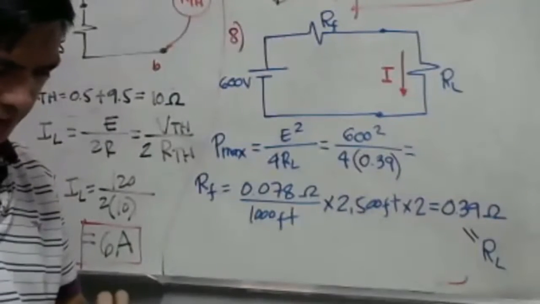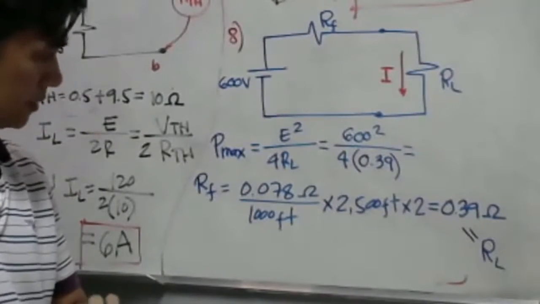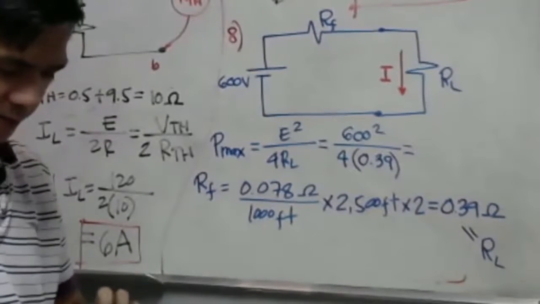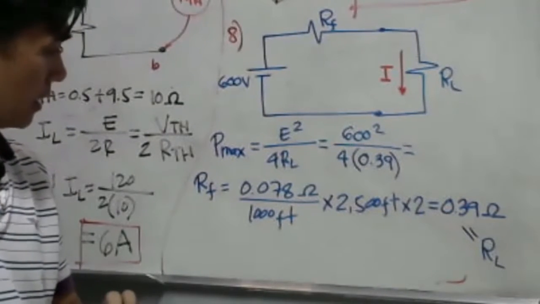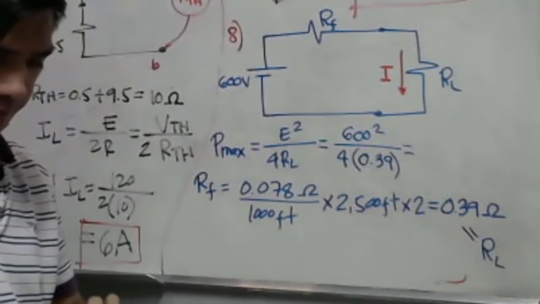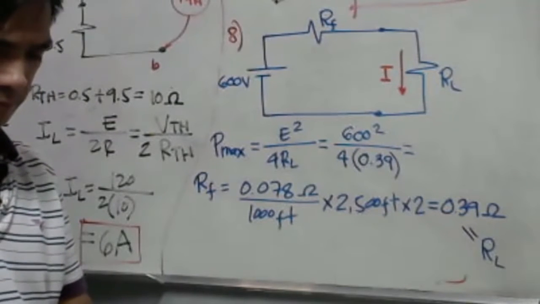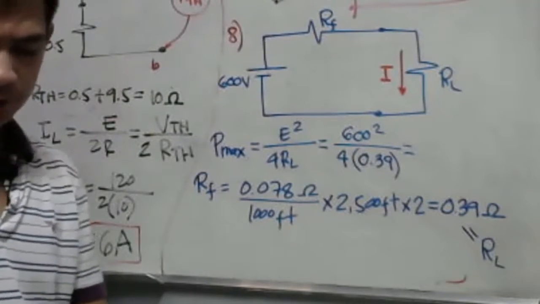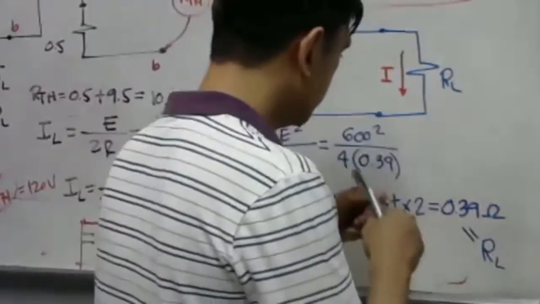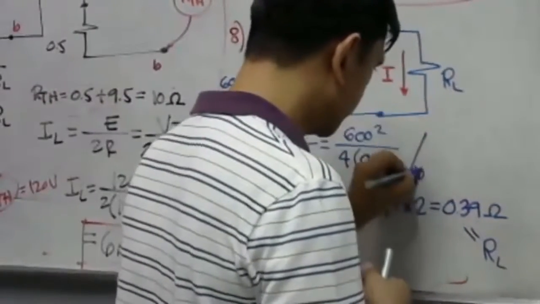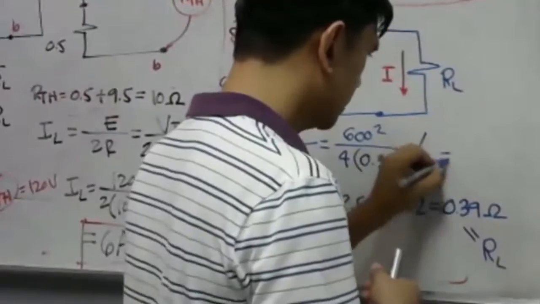Again, so we have 600 squared divided by 4 divided by 0.39 equals, then we have to divide it by 1,000. So our answer is 230.77. Okay, I'll show here that we have to divide it by 1,000 to make it in kilowatts.